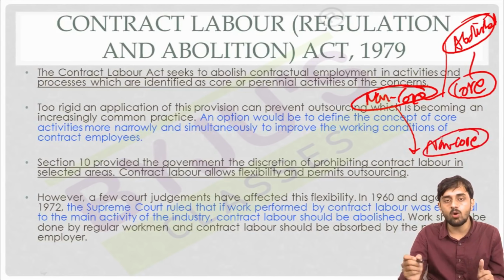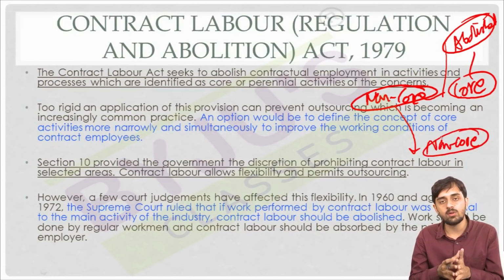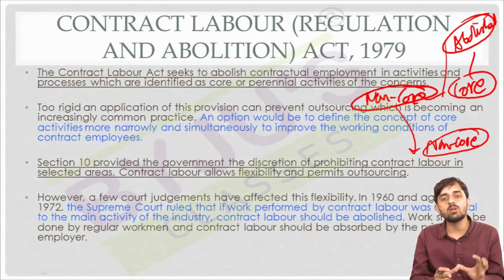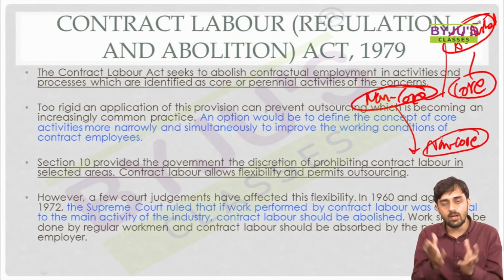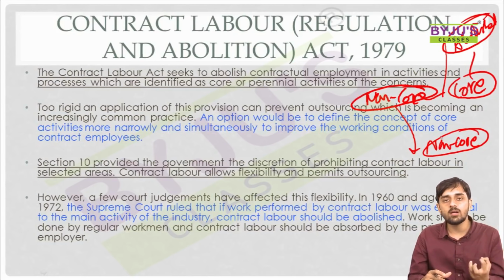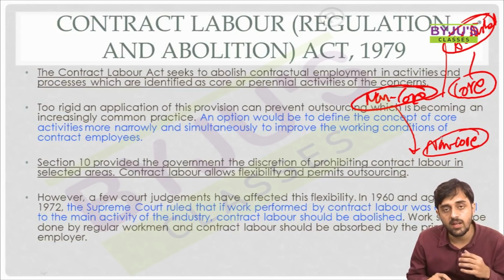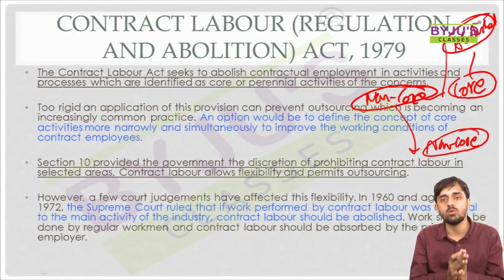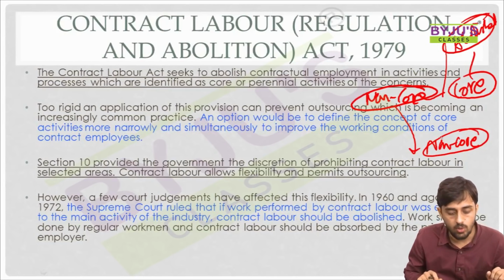So for example, an automobile manufacturing unit can hire contract workers for activities such as sweeping, cleaning, and guarding the industrial establishment, and can outsource this work to another smaller company. The whole idea of outsourcing is based upon hiring contract workers, but the 1979 Act clearly states that hiring of contract workers should be limited to the non-core activities, and should be prohibited in the core activities.